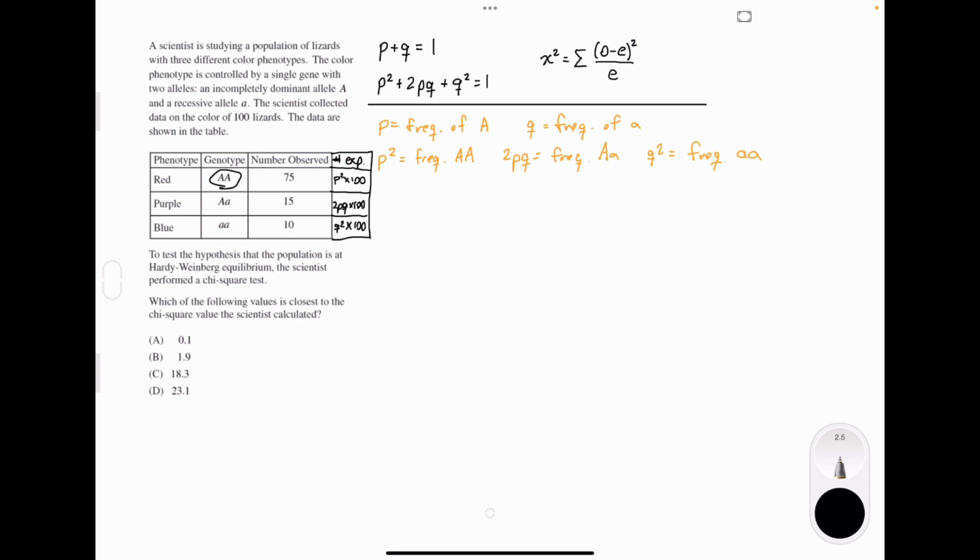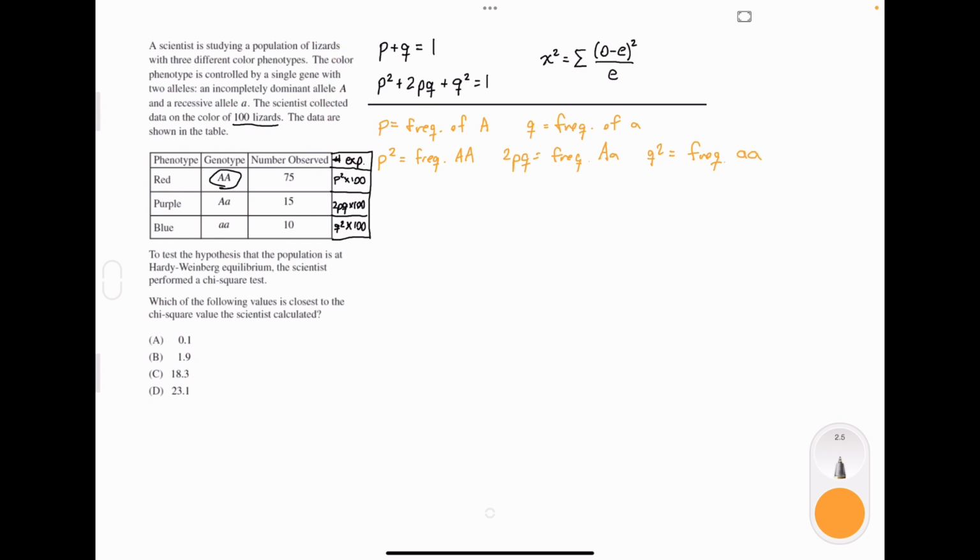And so this would now give us our three numbers of what we would expect of each of these three phenotypes in a population of 100 lizards if they were in Hardy-Weinberg equilibrium. You can then compare what you observed and what you expect and solve a chi-square analysis.